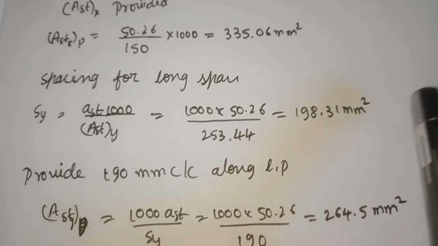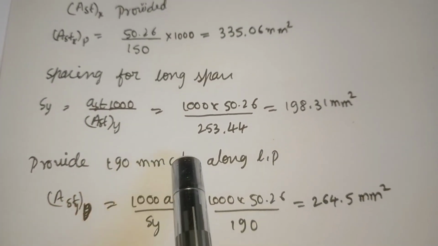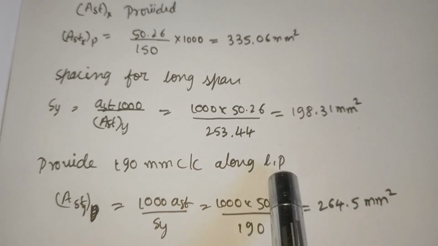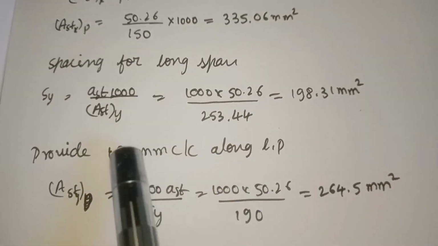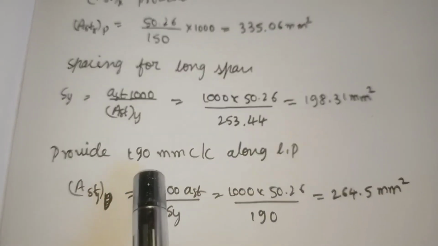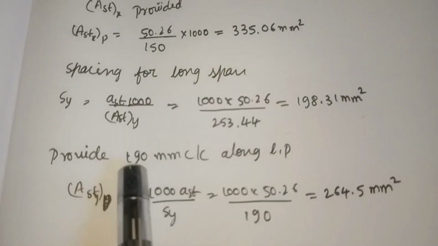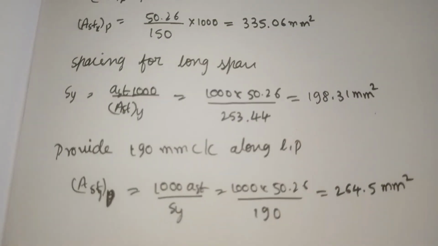Now, provide 190 mm center to center along longer span. So again I am reducing 198 to 190 mm. I have explained why I am reducing it from 198 to 190 mm in my previous video. You can go through that video.